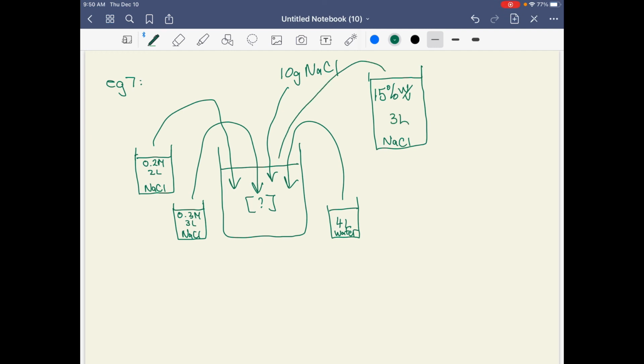Dump that in there too. I hope you remember what W/V is. And I'm going to dump one more thing in there, and that is 1 liter of NaCl.